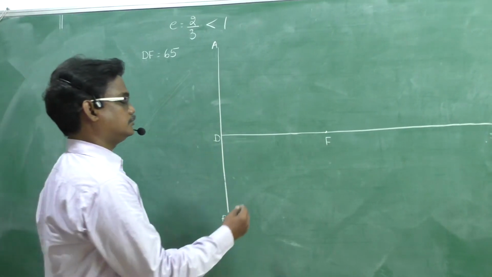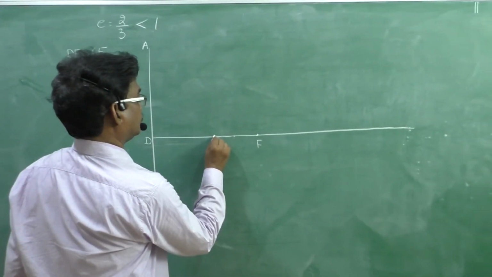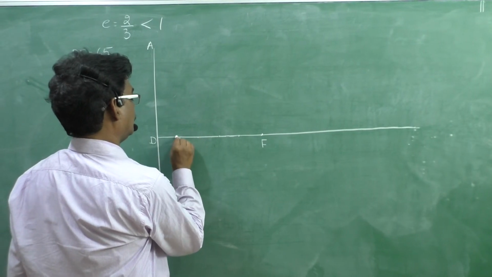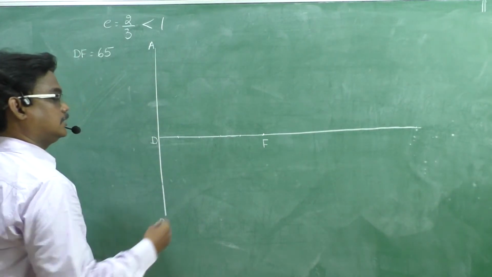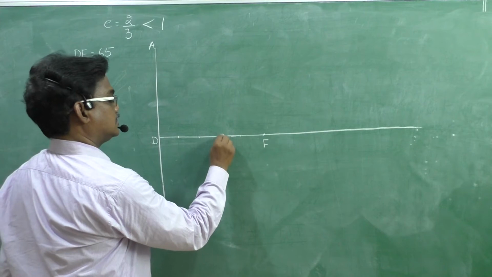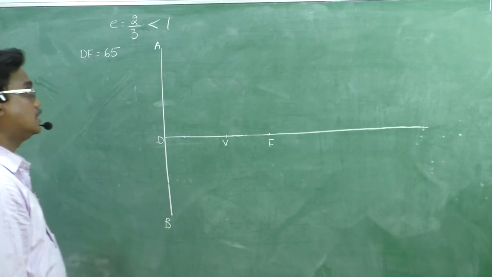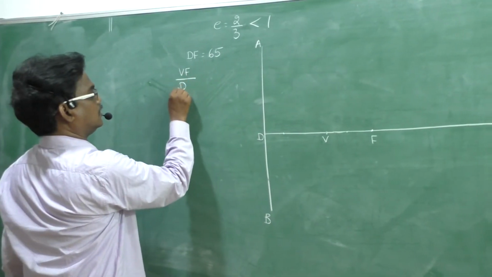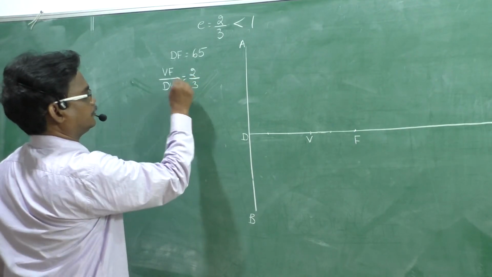Okay. Now 1, 2, 3, 4 and 5. Okay. Now after considering 2 divisions, here we need to consider V. Now VF by DV is 2 by 3.